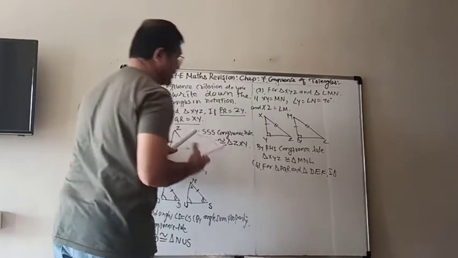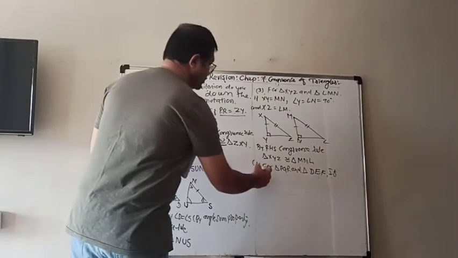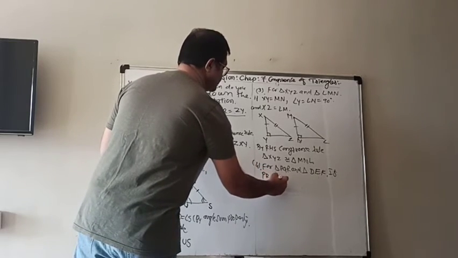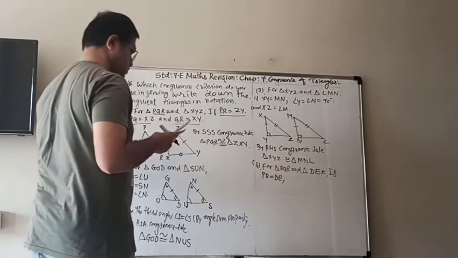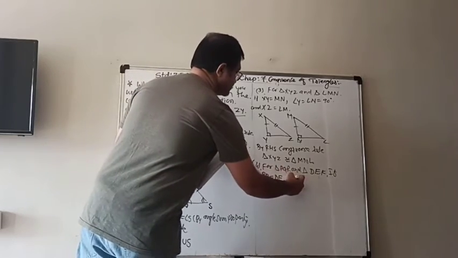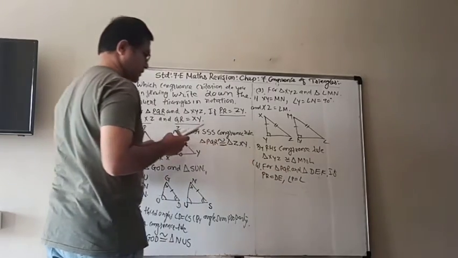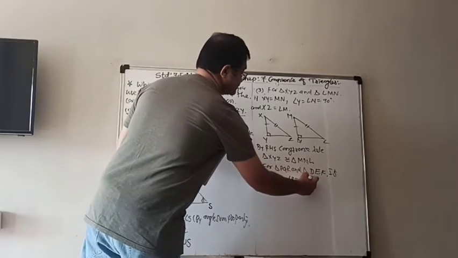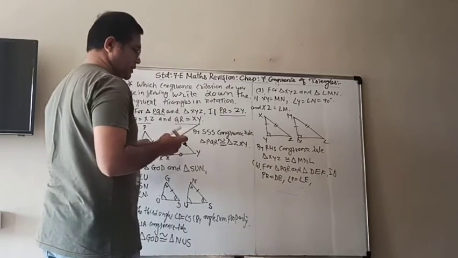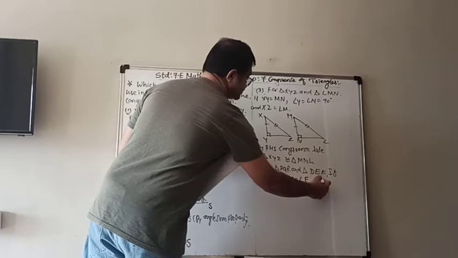We have taken PQR and DEF. So PR is equal to DE. Angle P equals angle E, and PQ equals EF.